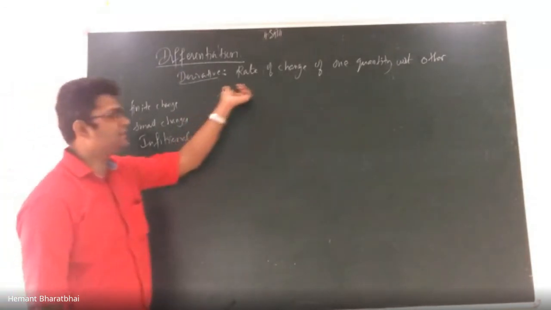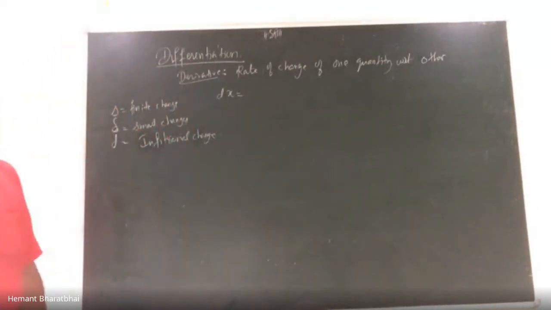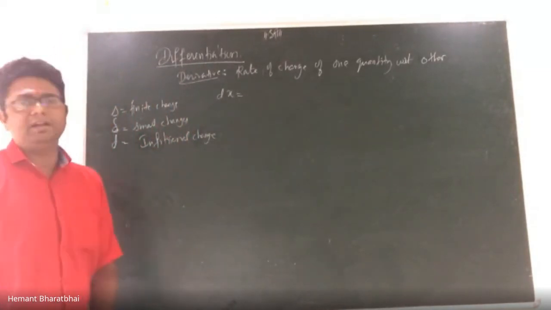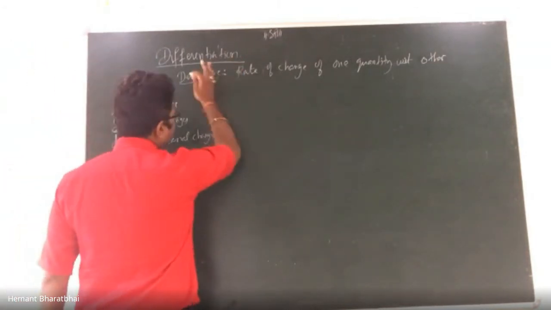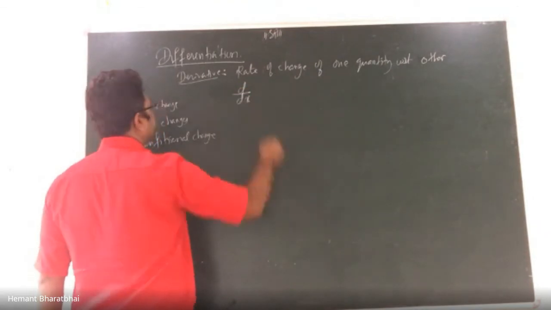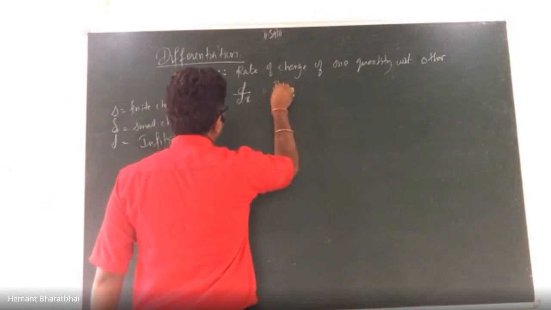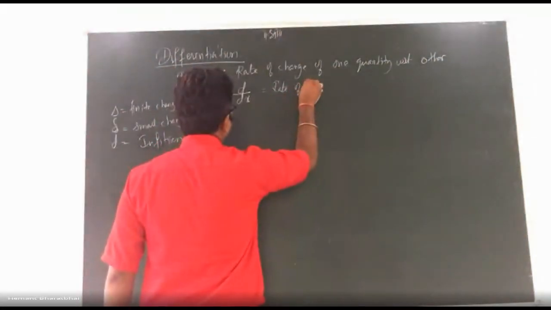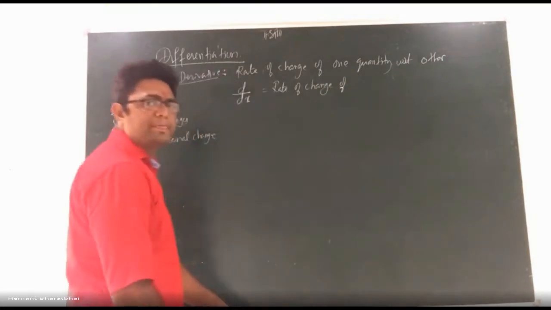So when I write dx, it means infinitesimal change in x, which means very small change in x. If I write dy, it means very small change in y. And if I write d by dx of something, it means rate of change of it.